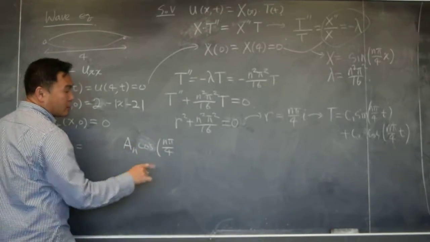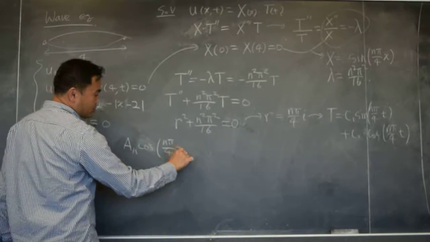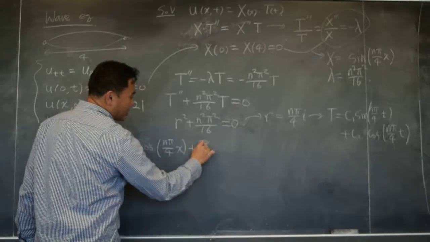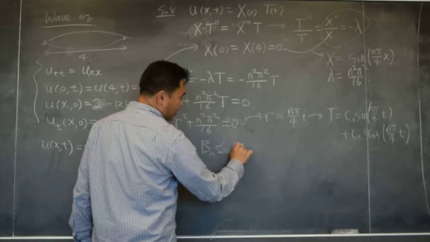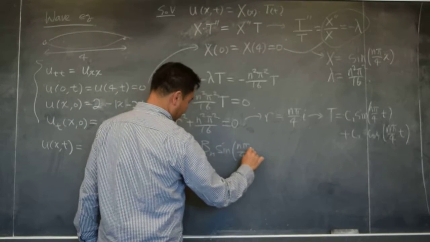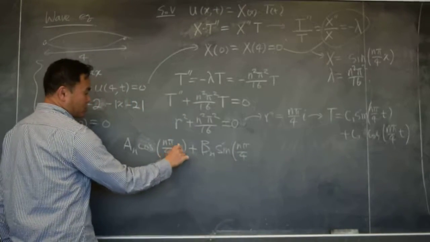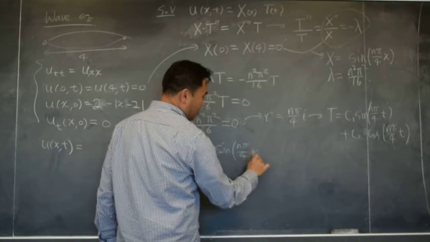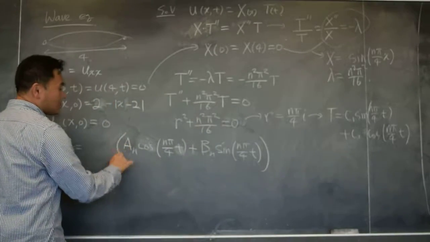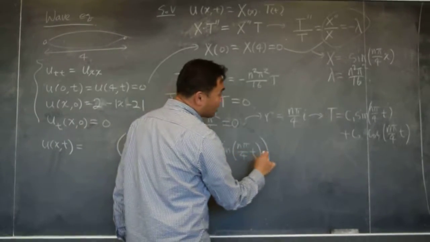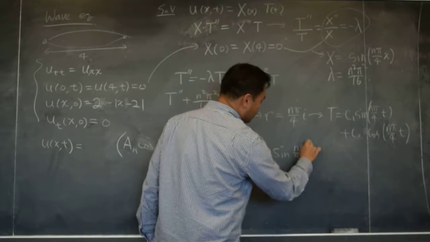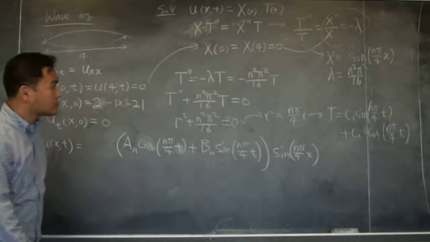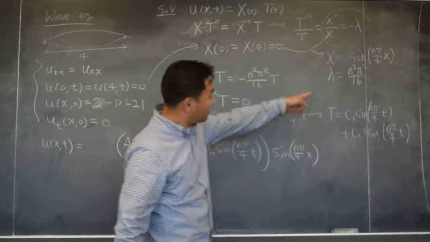So a_n cosine of n pi over 4 t plus b_n sine of n pi over 4 t, times the function of x, which is sine of n pi over 4 x.